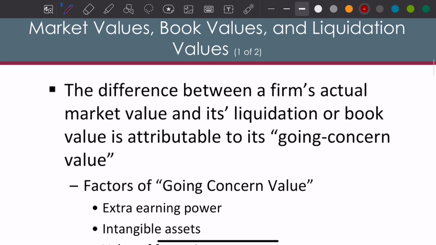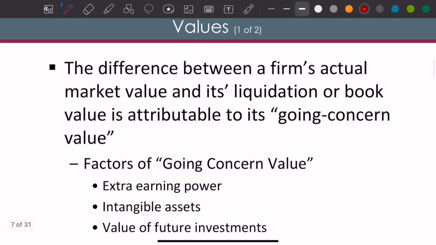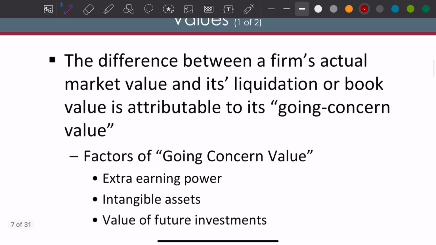Now, we'll talk a little bit about the difference between a firm's actual market value and its liquidation or book value, which is attributable to its going concern value. What are the factors that affect the company's going concern? Their earning power. The higher the company's earning power, typically the bigger the gap is going to be between its market value and its book value.